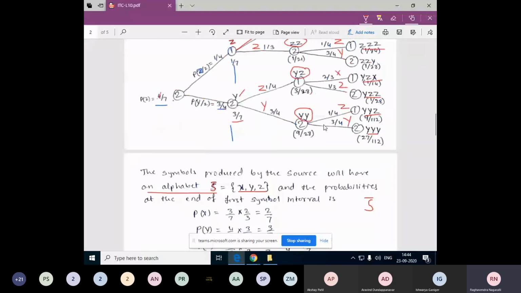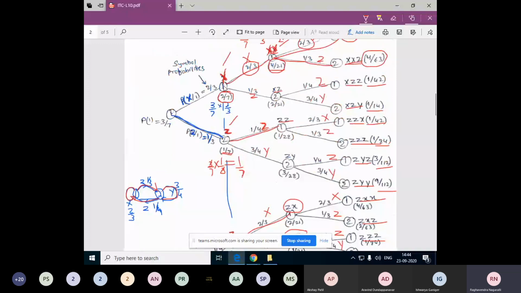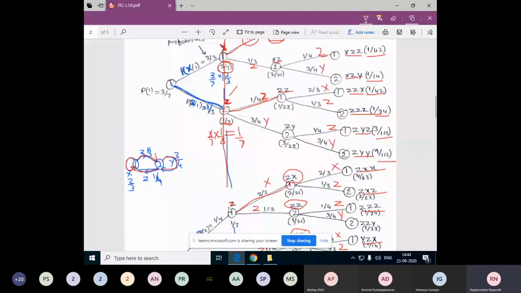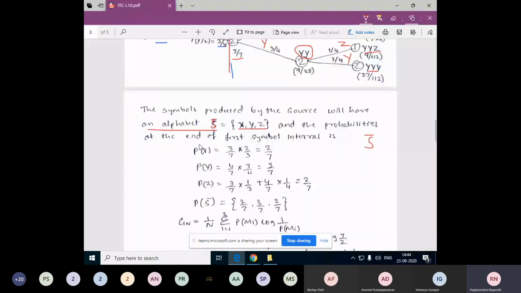Here the first order is this. These are the first order symbols, these are the first order probabilities. So this is the first order, second order, third order. So the adjoint source is a zero memory source, which has the symbols of the first order of the Markov source, and the probabilities are the first order probabilities.